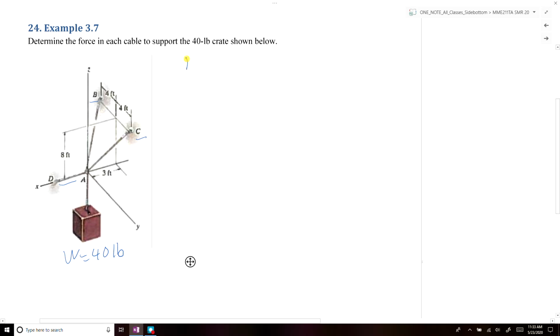So our first step we're going to do here is draw the free body diagram. In this case, we'll have our point A at the center of our free body diagram.